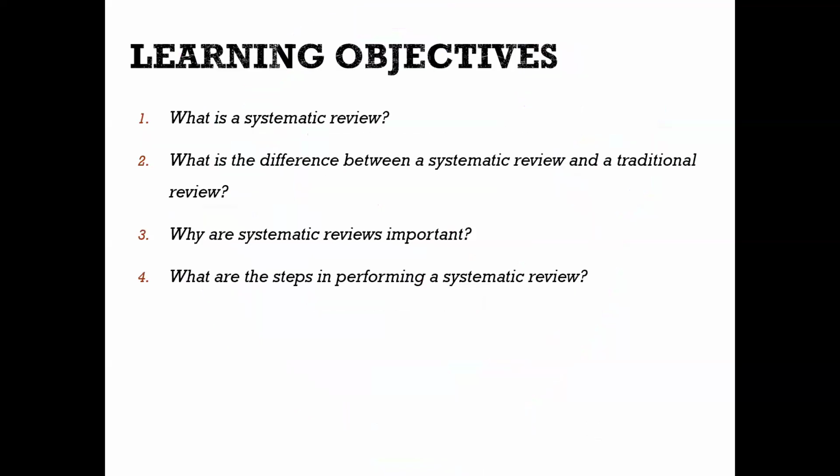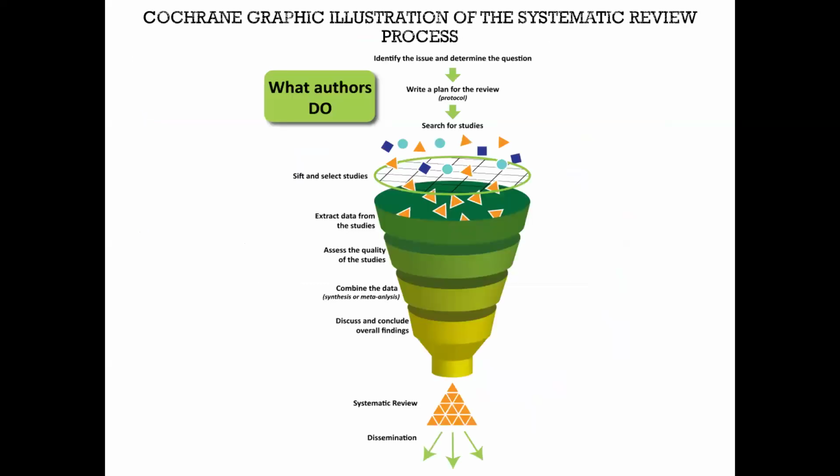So the learning objectives: what it is, the difference between systematic review and traditional review, why it is very important, and the steps. You can see the pictorial representation here. This is a Cochrane representation; Cochrane is one of the publishers of systematic reviews.